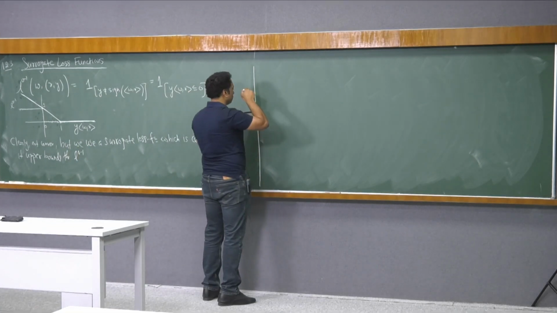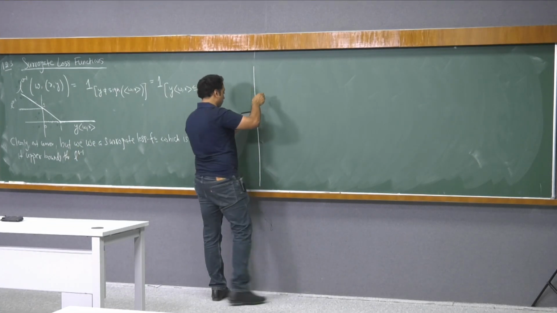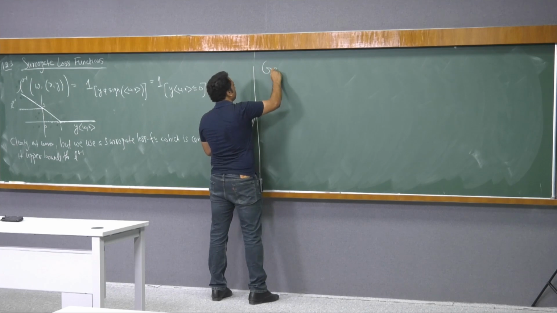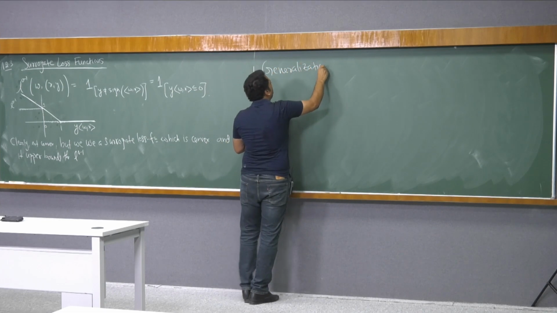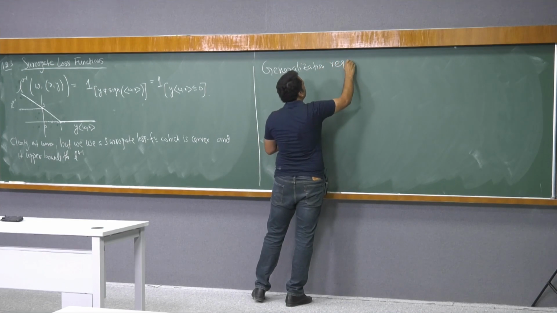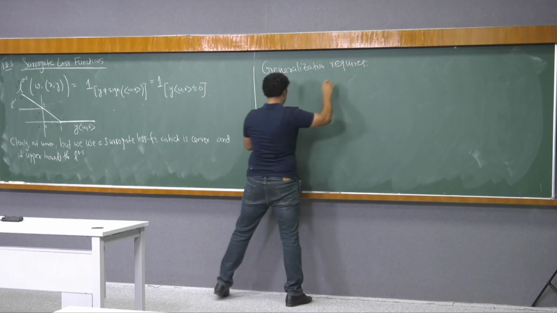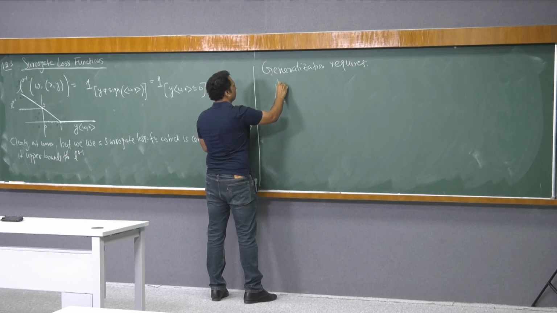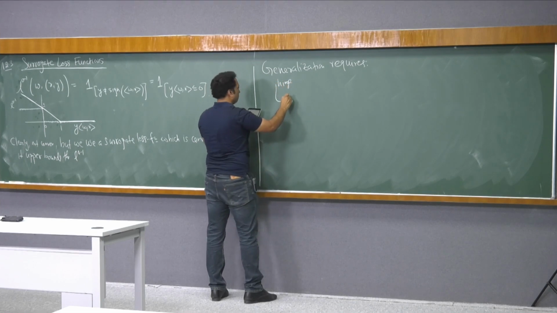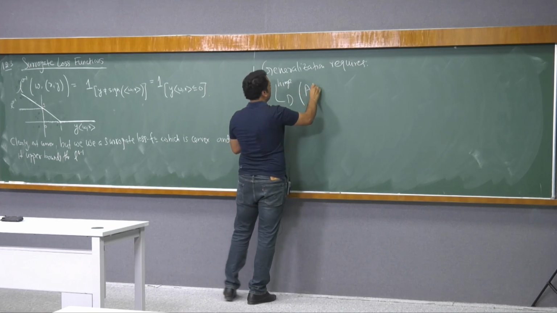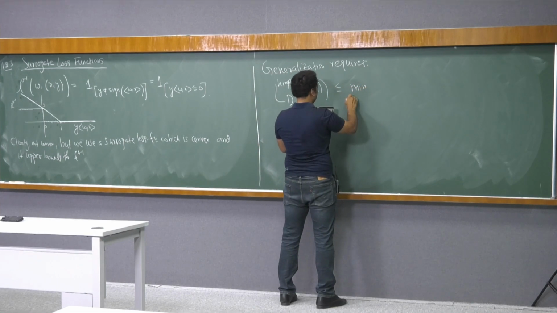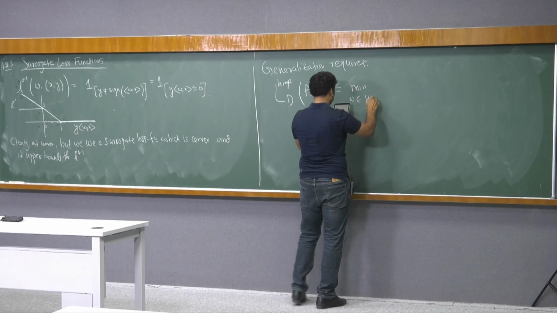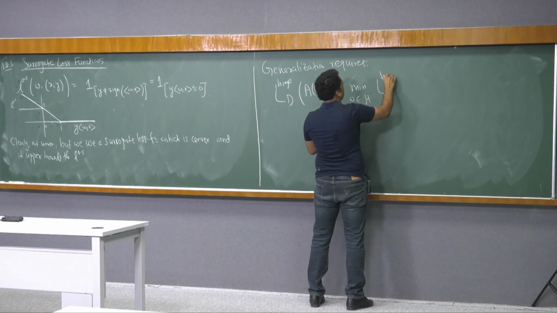So the generalization would require the following. By now we have seen this a couple of times. The generalization with this would require that this is the minimum of L hinge.